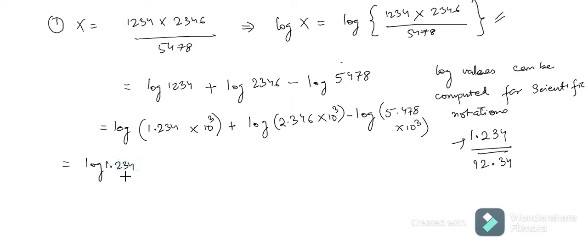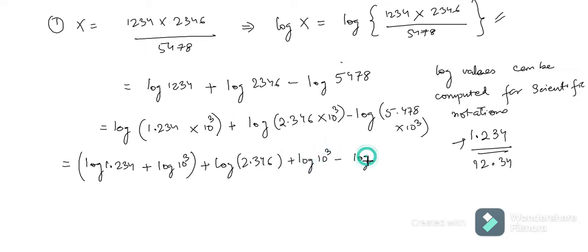Log 1.234 in the scientific form plus log 10 cube. Similarly, log 2.346 plus log 10 cube minus, let me put the bracket in the right place, log 5.478 plus log 10 cube.